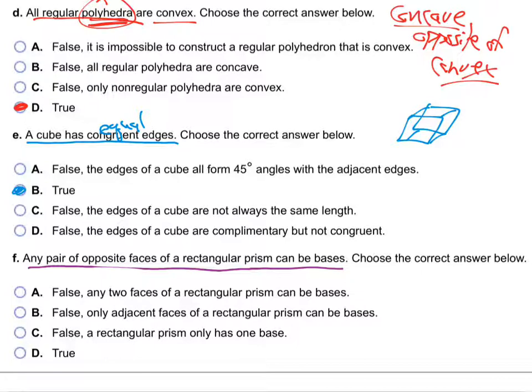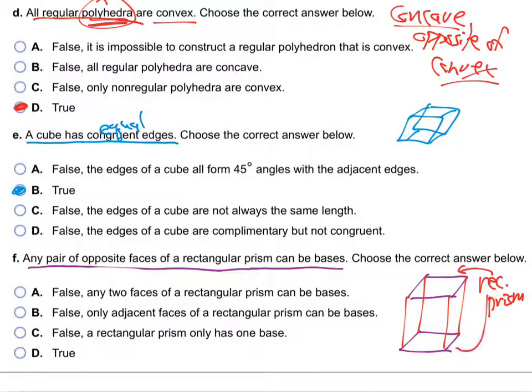A rectangular prism. What's a rectangular prism? Remember a prism, so we would have a rectangle here. Let me make it more like this. So a rectangle here, and a rectangle here. That's the top and the bottom. And these would be the sides. So that's a rectangular prism, right? Because it's got a rectangle on the top and a rectangle on the bottom.